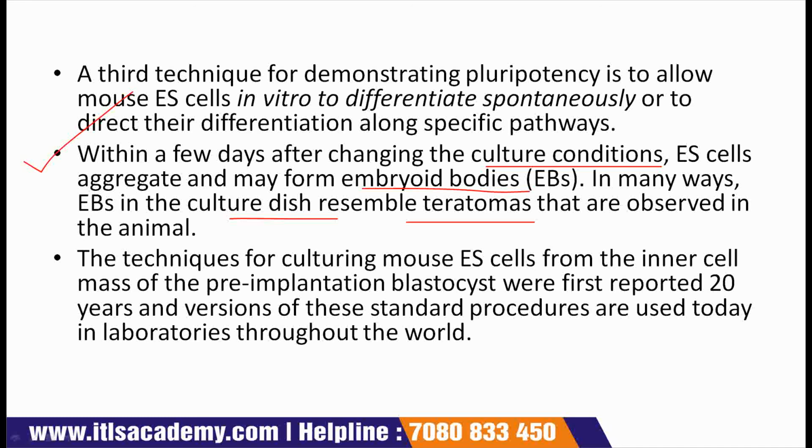Embryoid bodies consist of a disorganized array of differentiated or partially differentiated cell types that are derived from the three primary germ layers of the embryo, the ectoderm, endoderm and mesoderm.